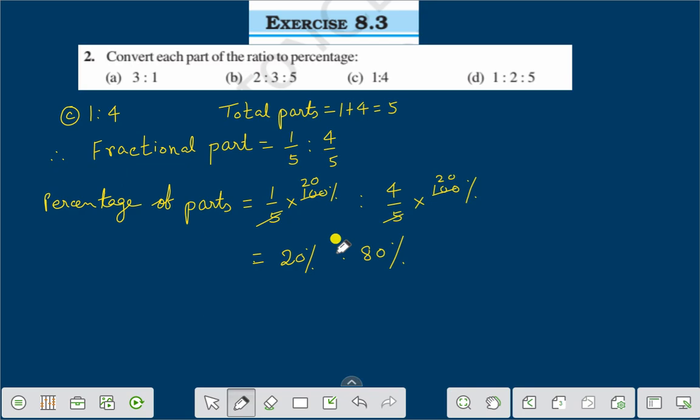Now we solve question number D. Question number D is 1 is to 2 is to 5.